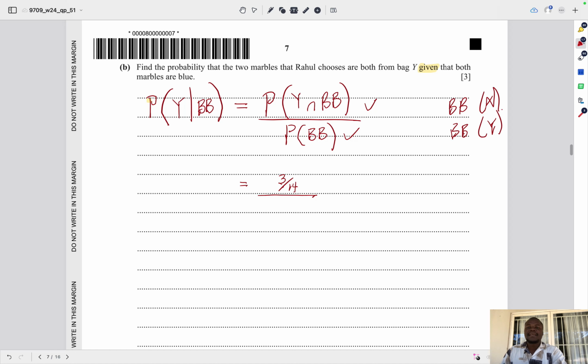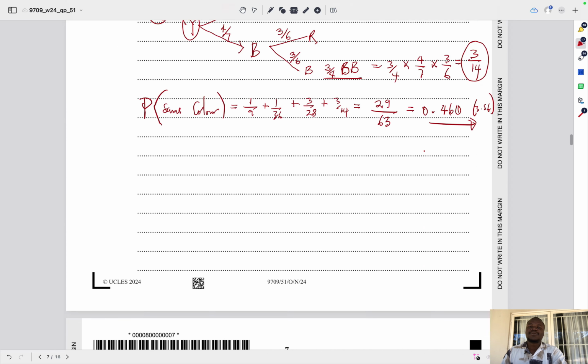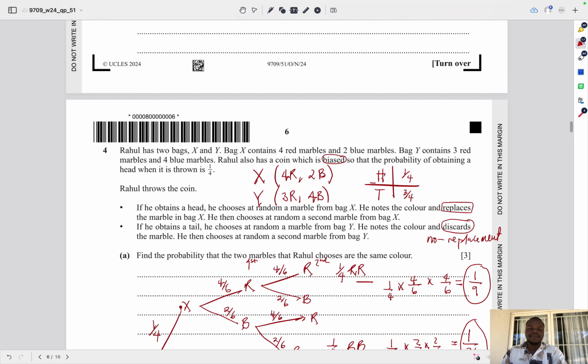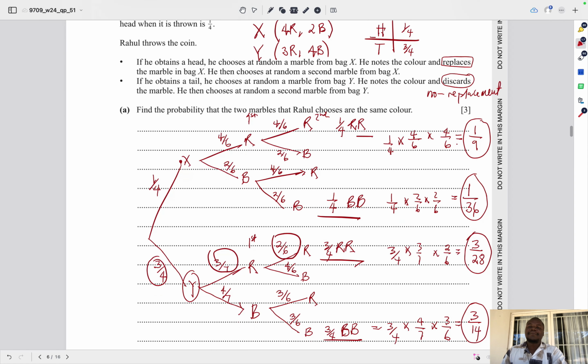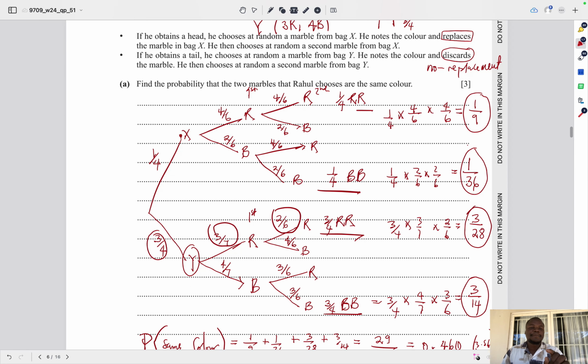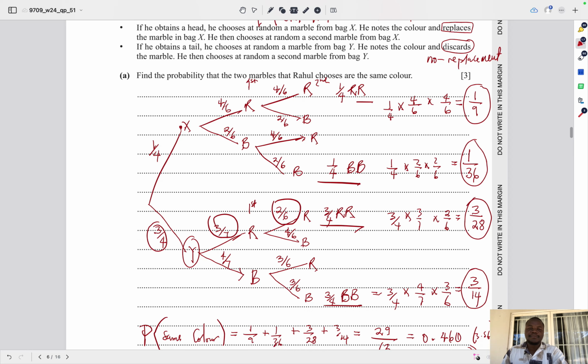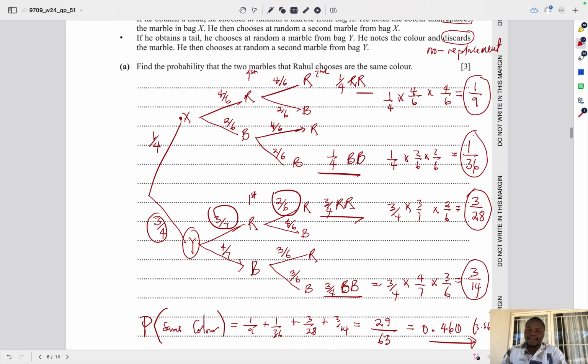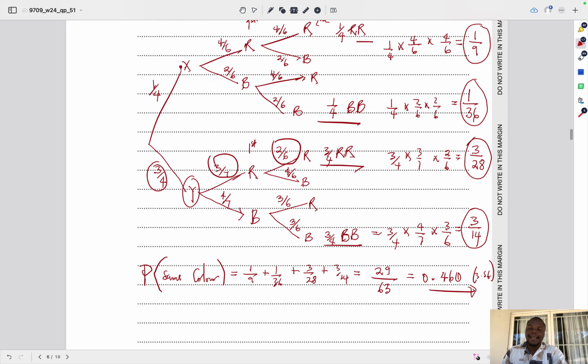Blue blue means it can be from bag X or from bag Y. So all we need to do now is to go and choose blue blue from bag X and then add it to blue blue from bag Y. So blue blue from bag X is 1 over 36 here, and then blue blue from bag Y is 3 over 14.